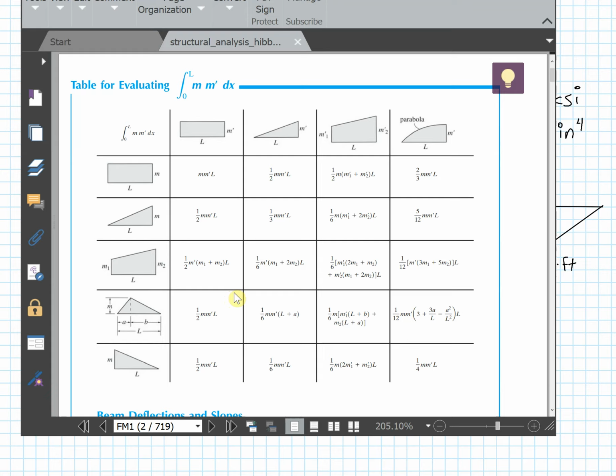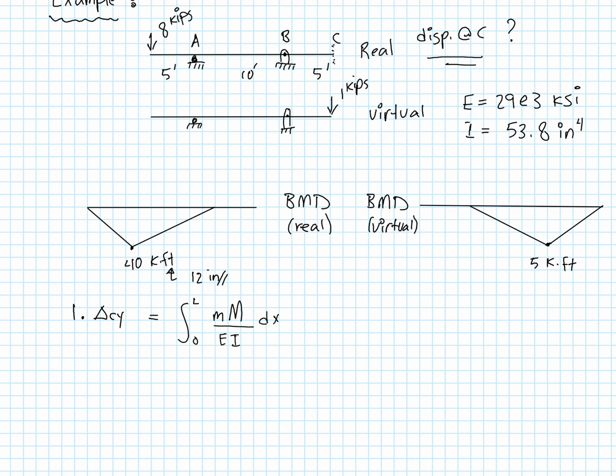For this example, I'll divide the beam into 3 segments. So we have segment 1, segment 2, and segment 3.